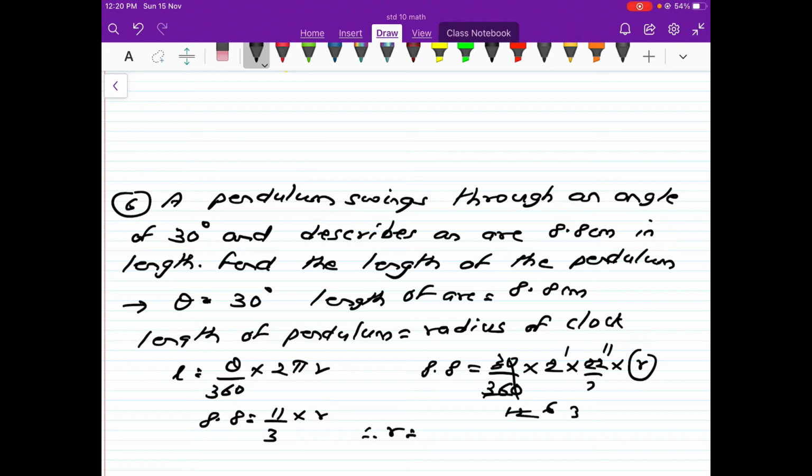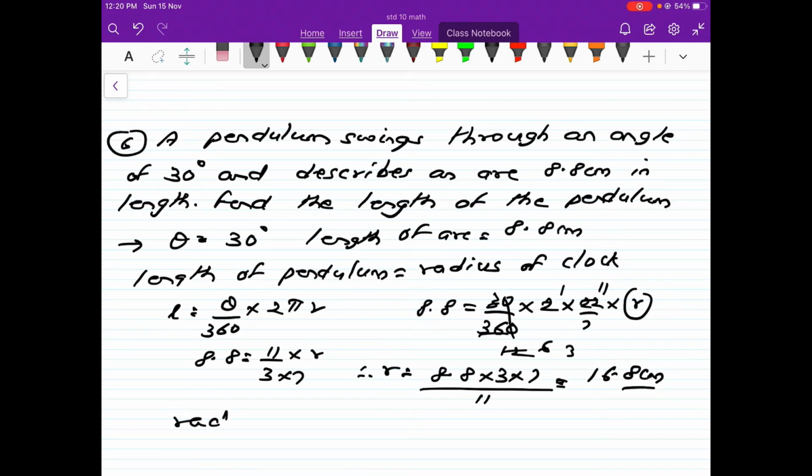Therefore r is equal to 8.8 into 3 into 7 upon 11. So 11 into 0.8, now 0.8 into 7 into 3 means 16.8 centimeters. So the length of the pendulum, or the radius, is equal to 16.8 centimeters.